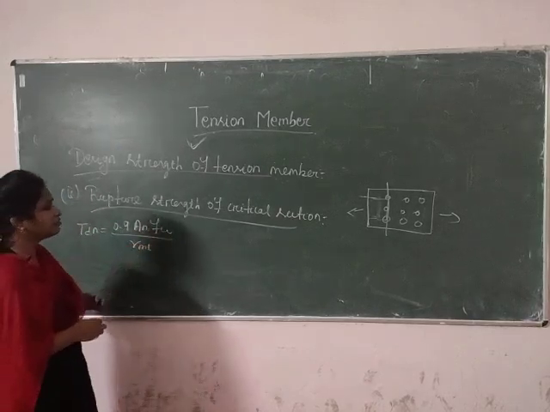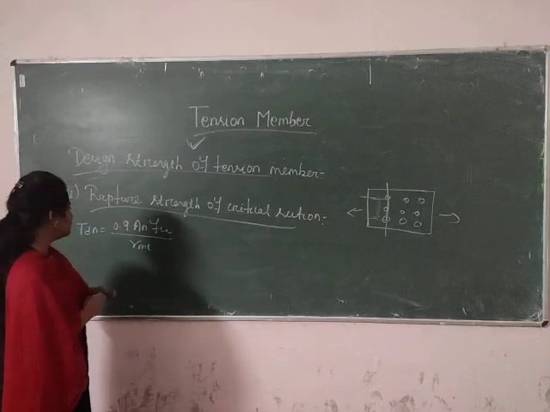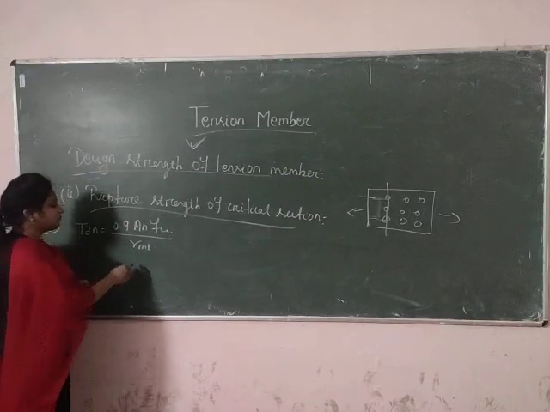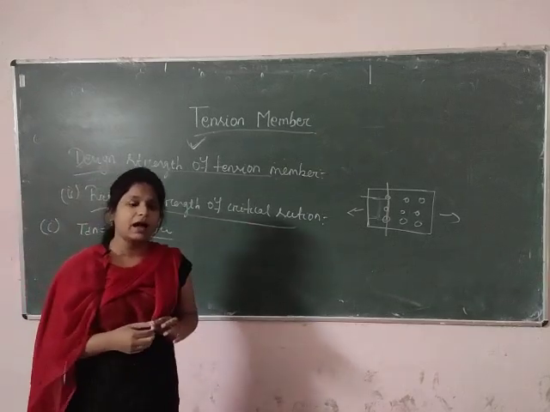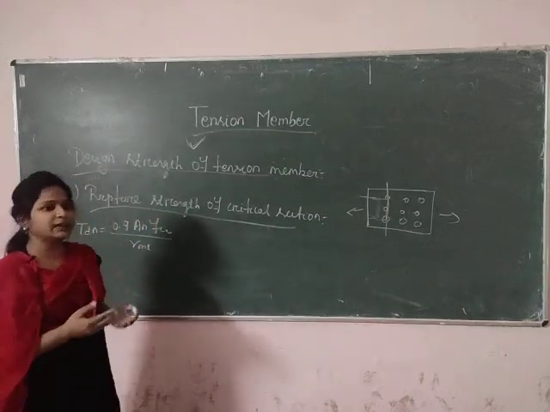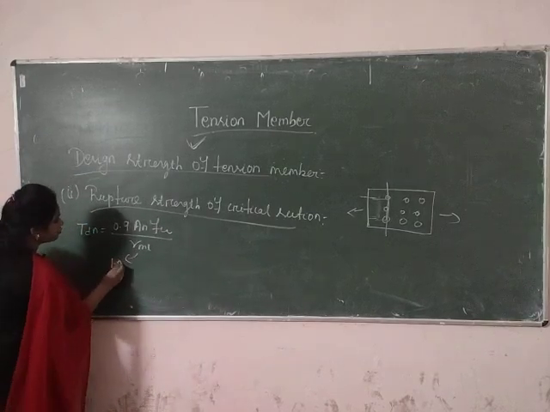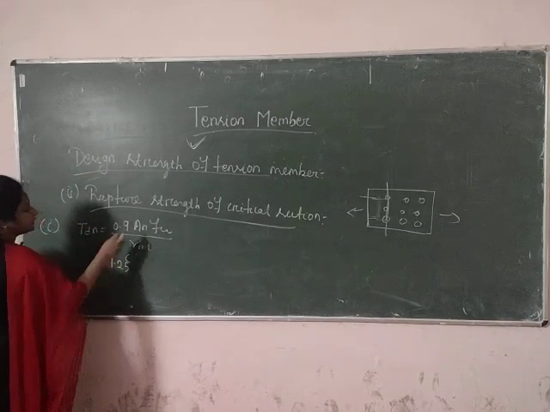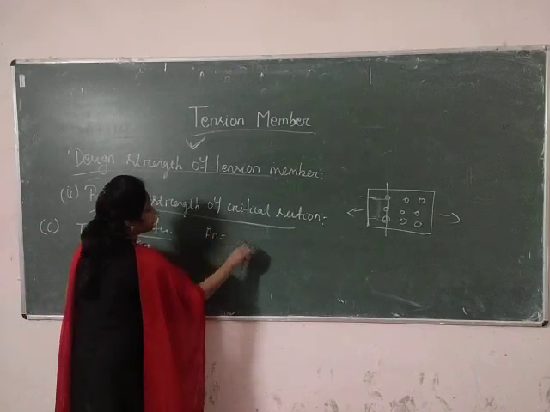Here Fu is the ultimate tensile stress of the material, then gamma m1 is the partial factor of safety for the failure at the ultimate stress, and that value you can get from table number 5, and that value is generally 1.25.